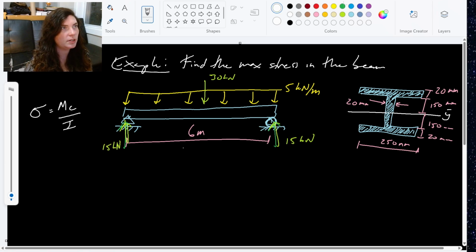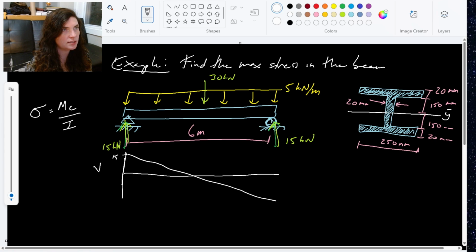And now my shear and moment diagram will be pretty straightforward because I only have the single load region here. So it looks like for my shear diagram, I pop up by 15, and then I go down by 5 kilonewtons per meter until I hit negative 15, because this 15 is going to pop me back up to 0.